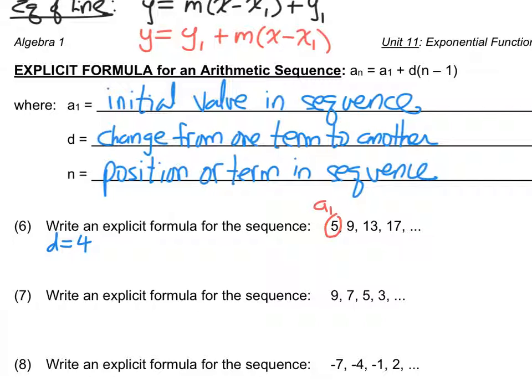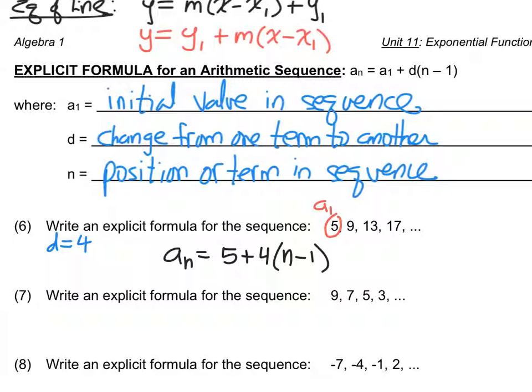And so everything else is good to go. So a sub n, that takes the place of y in our way of thinking, would be equal to 5 plus 4 times n minus 1, because n takes the place of x in our way of thinking. Now, personally, I like to give it a quick test.